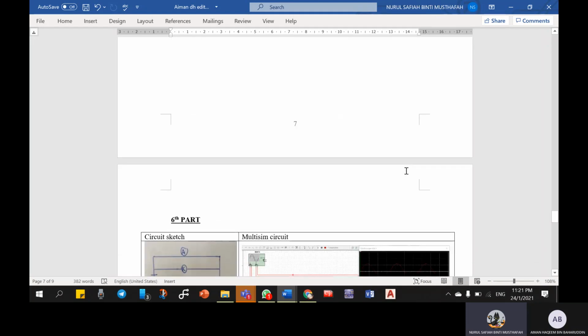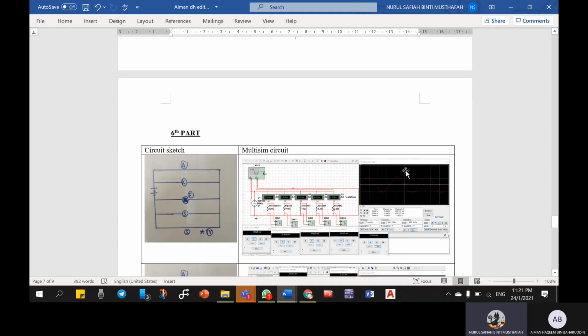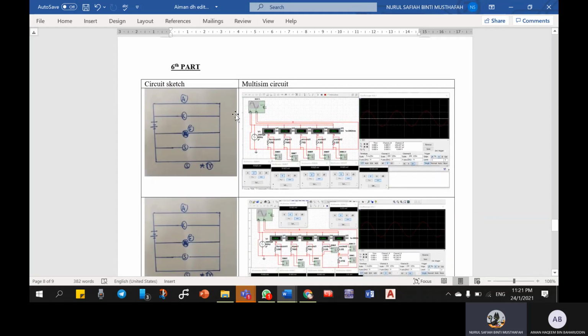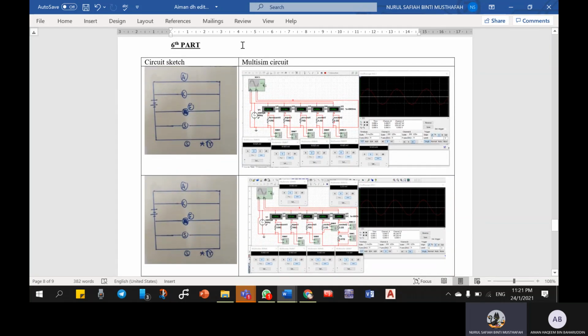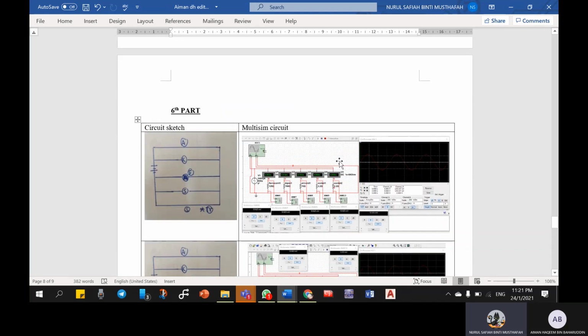Next, the sixth part shows the comparison of the circuit sketch and the screenshot from the Multisim circuit.